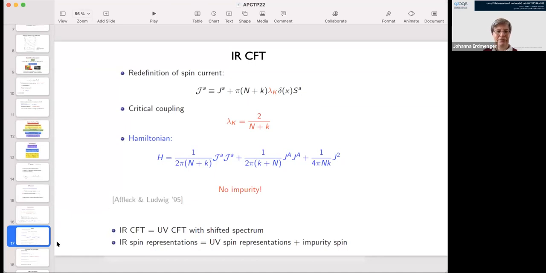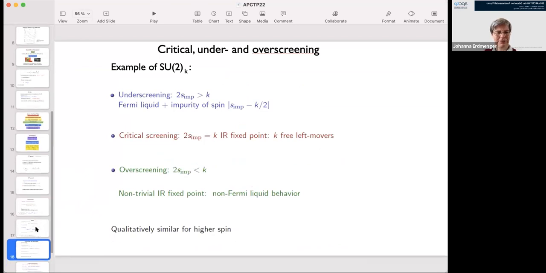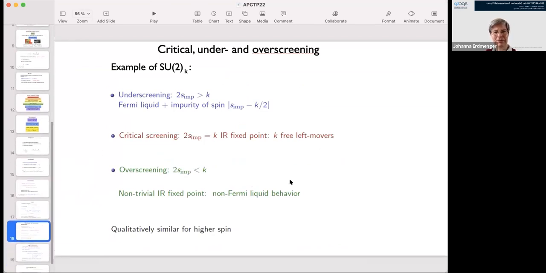Good. Okay, before I come to the large N, let me say this. This is another important thing I have to say. If we allow the impurity spin and the number of flavors to be different from spin a half and one flavor, then there are different kinds of screening: critical, under, and over screening.